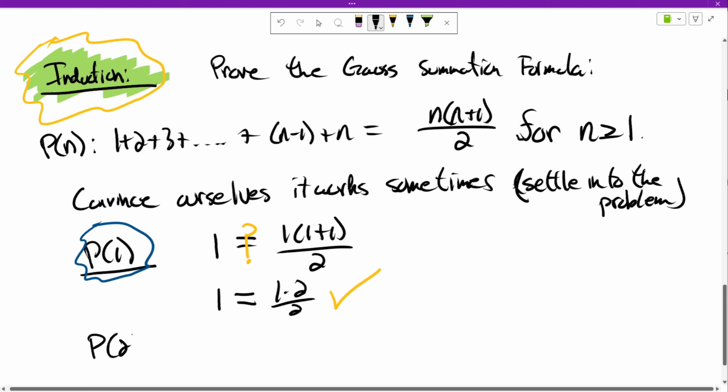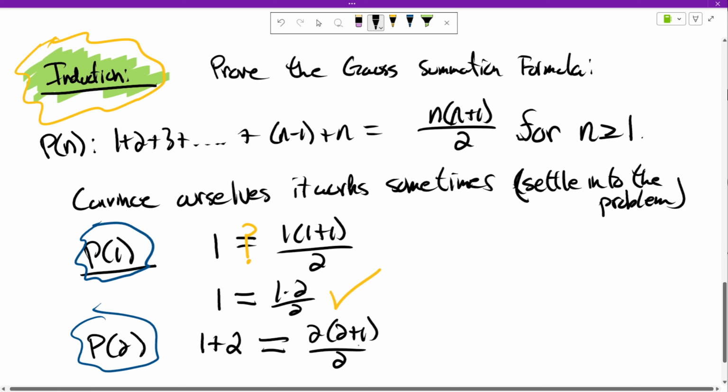Let's try out 2 now. With 2, we have to start off at 1, and we have to stop adding when we get to 2. So 1 plus 2 is where we stop. On the right-hand side, n is 2, so it's 2 times (2 plus 1) over 2. I think the 2's are going to cancel for us.